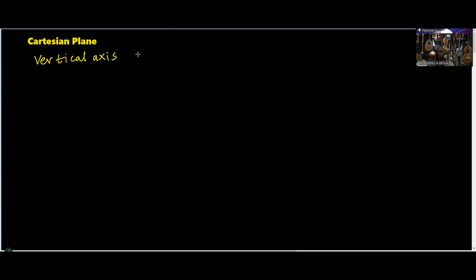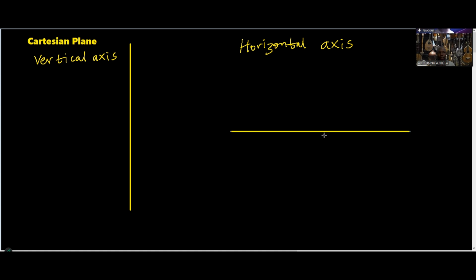Vertical runs from top to bottom. Then we also have the horizontal axis. The horizontal axis runs from left to right.